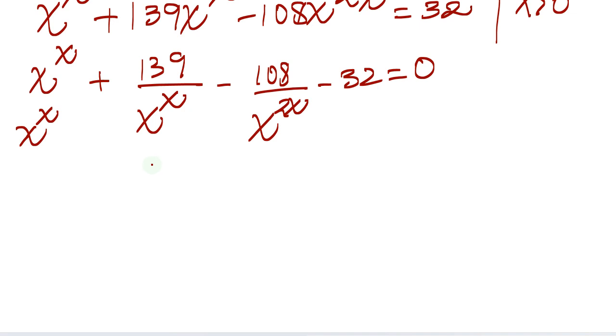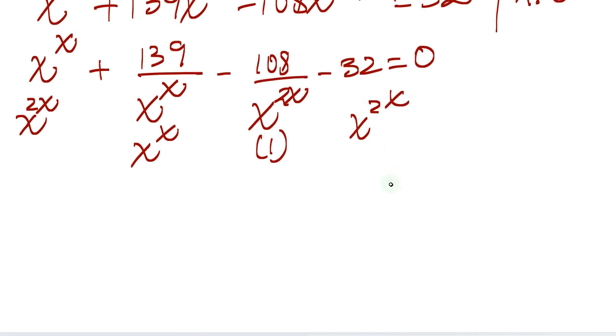We're going to multiply here to the power of 2x, so that we're going to have 2x here, and this one would be x to the x, so we're going to have 2x, and here 1, and here x to the 2x, right.